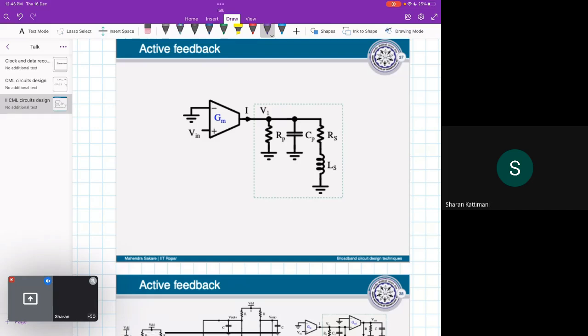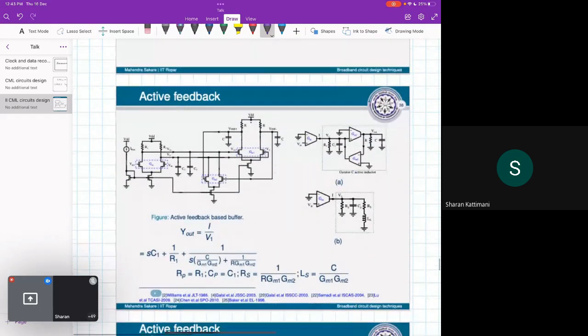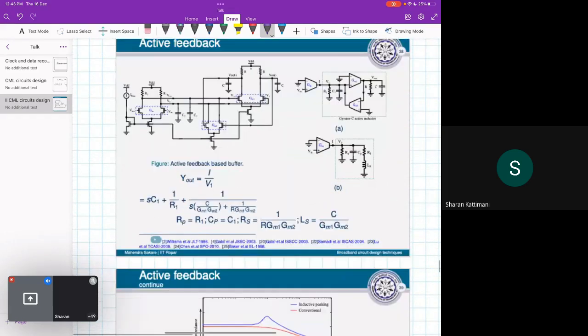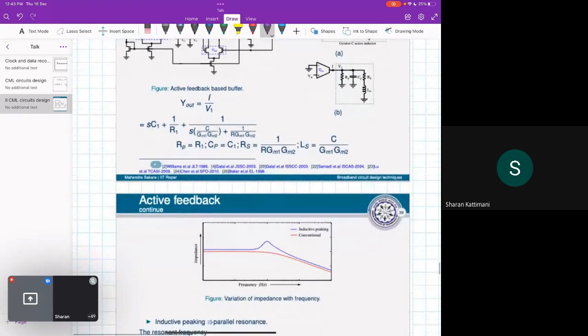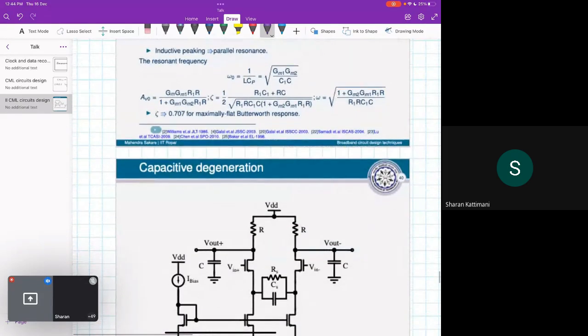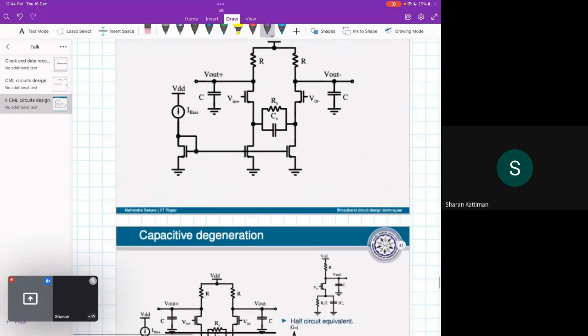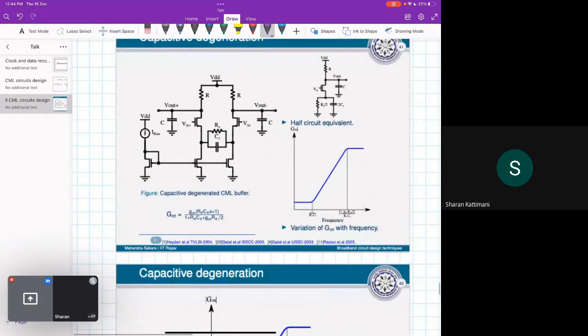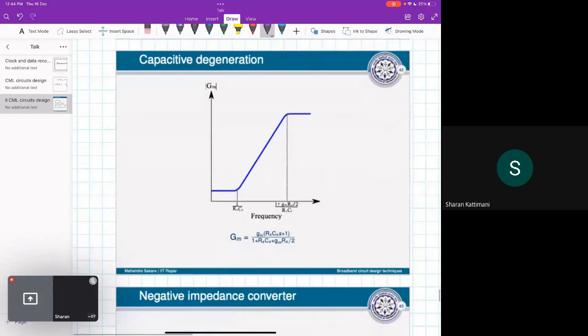But you will find that gyrator, active inductor, or active feedback are all nothing but the emulation of an inductor itself. And apart from that, there are various other techniques, like capacitive degeneration, where you put R and C at the source side, and there also you can get inductive behavior.